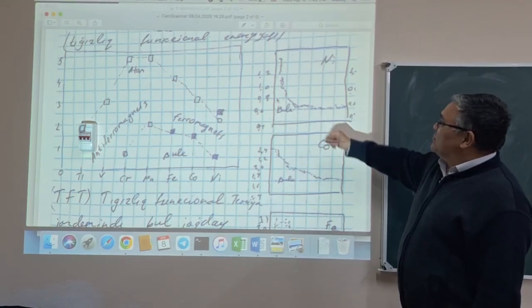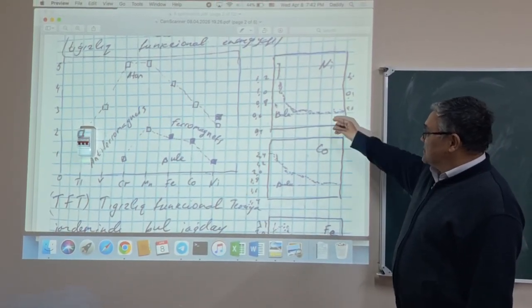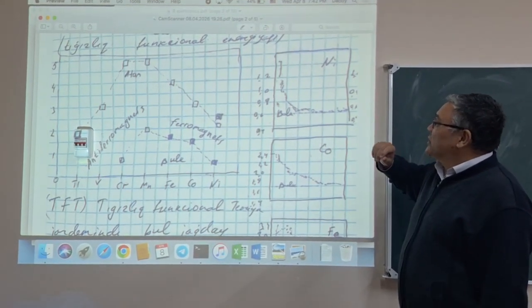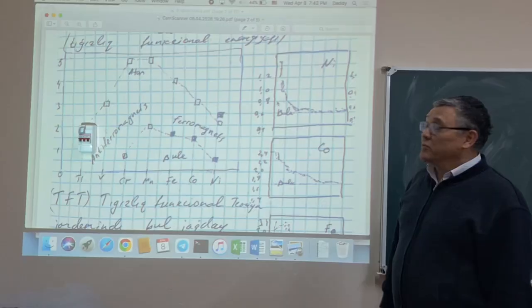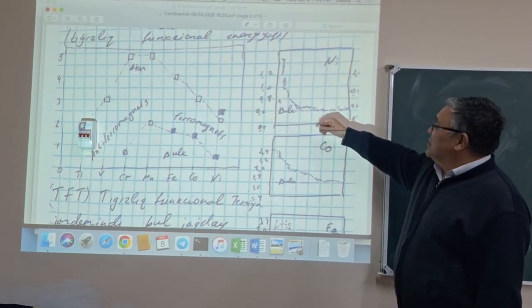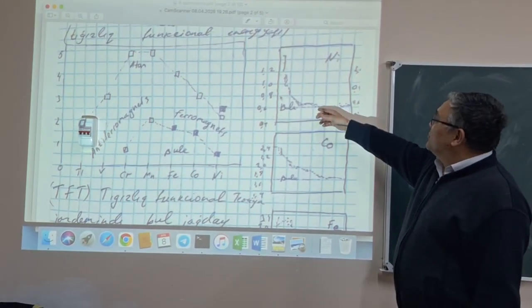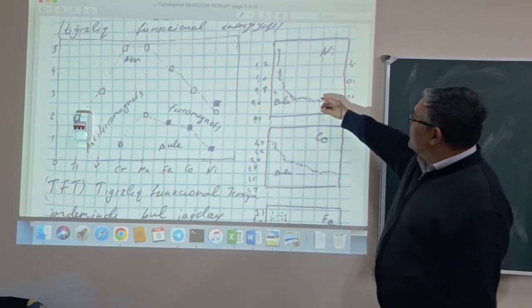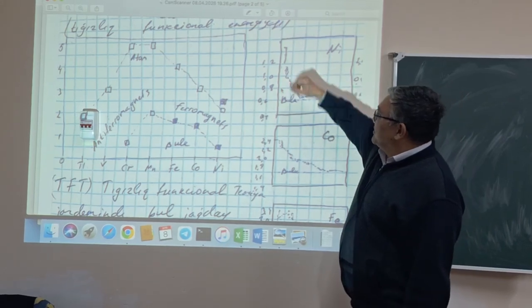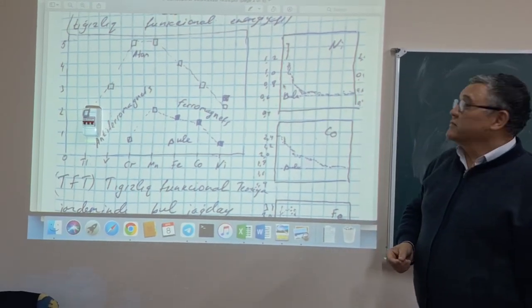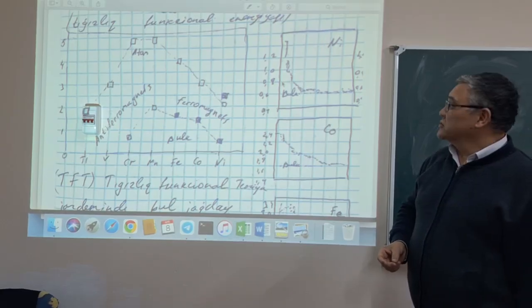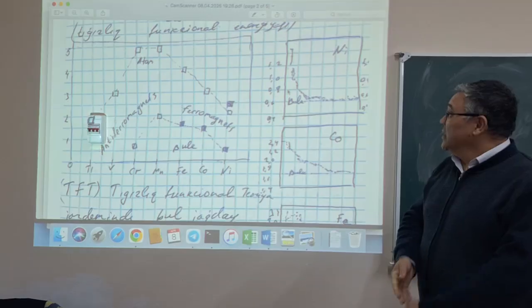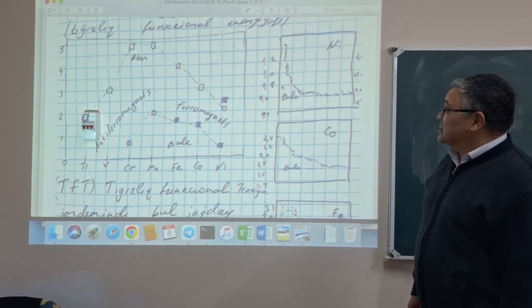As we decrease the number of atoms in the clusters, at some value, about 400 for nickel, we have a change in the magnetic moment, and this change corresponds to the magnetic moment for one atom in the cluster. So as we decrease the number of atoms in the cluster, this magnetic moment increases, and at some value it gets very close to the value of the magnetic moment of one isolated atom.